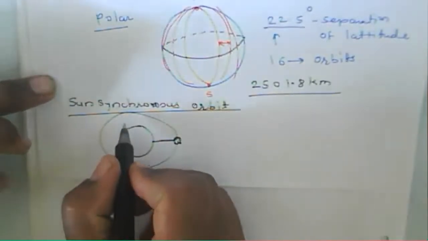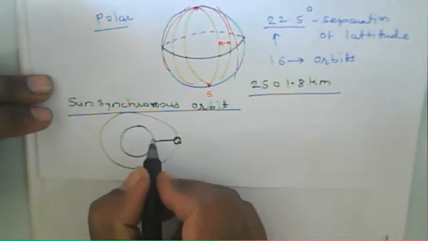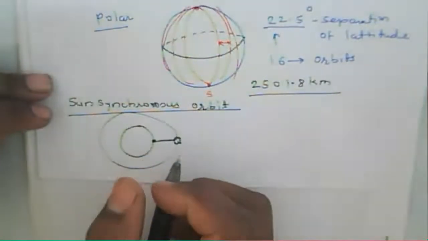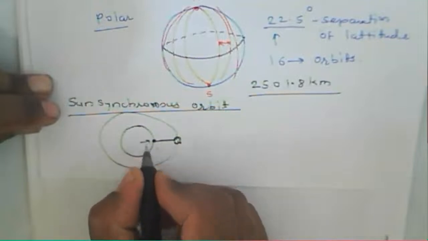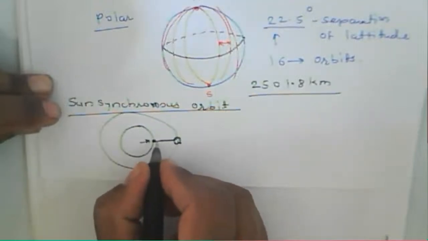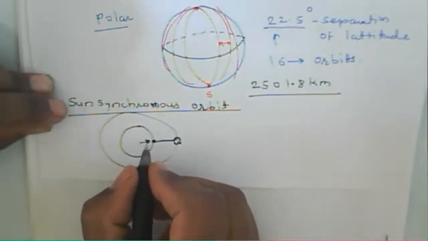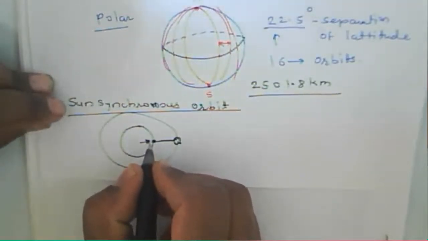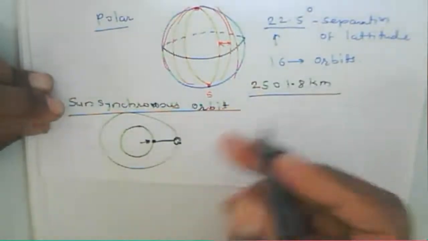But what does a sun synchronous orbit mean? It is the time at which the satellite will appear at the same particular spot on the Earth.